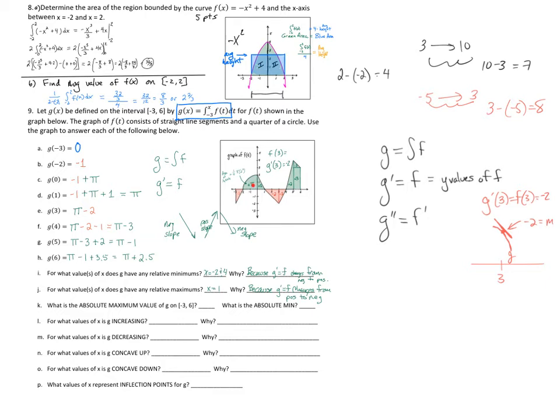The places where f is positive, everywhere in the green, that means the y values of f are positive, that means the slope of g is positive, which means g would be increasing. So on that note, we can go and fill in some answers here. When is g increasing? I would say it's increasing during those positive f values that happen between -2 and 1.